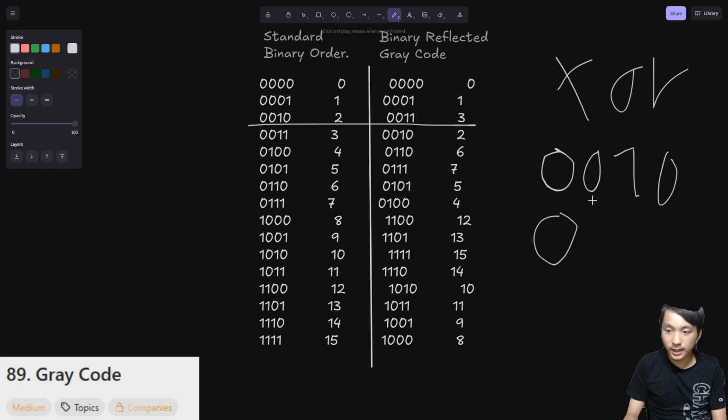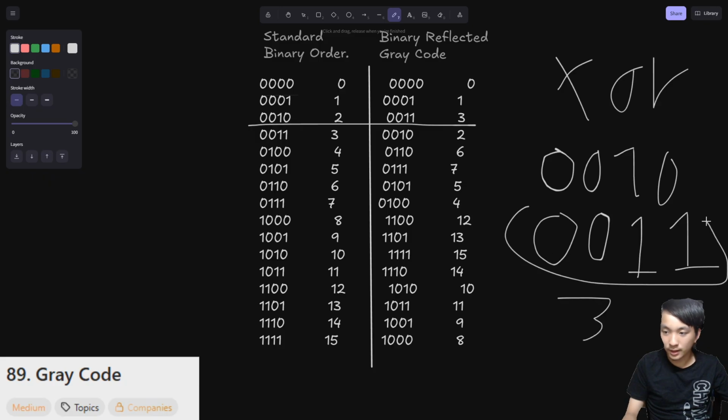Then you compare the next one after it. They're the same, so you put 0 again. Then you check here. Oh, they're different, so you put 1. And you check here. It's also different, so 1. And this in number form becomes 3.